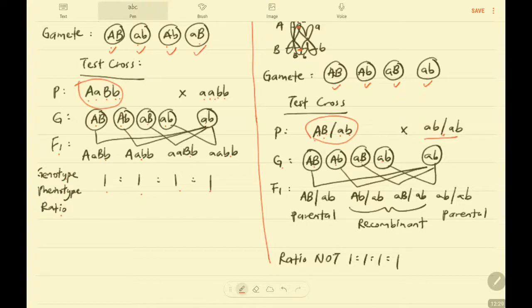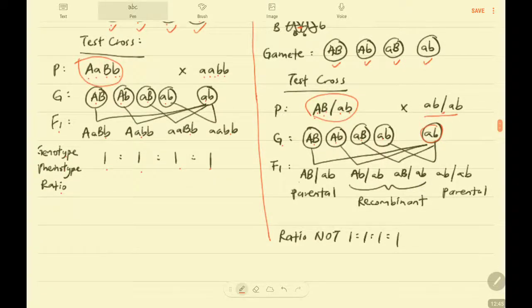For this one, since they are homozygous, no matter whether they cross over or not, they only have one type of gamete. So for the F1, you write the genotype like this, meaning they are on the same chromosome: big A, big B / small a, small b; big A, small b / small a, small b; small a, big B / small a, small b; and small a, small b / small a, small b.